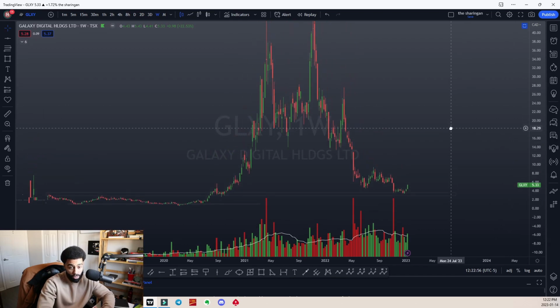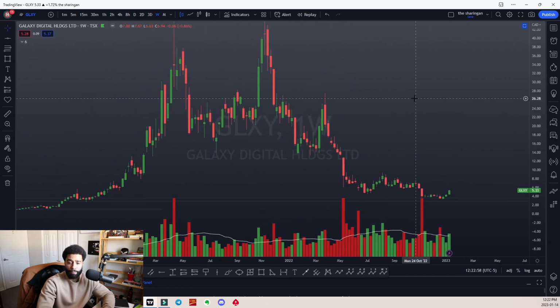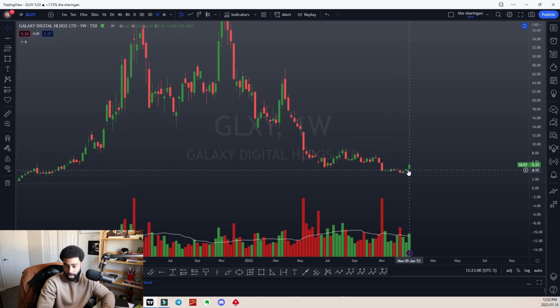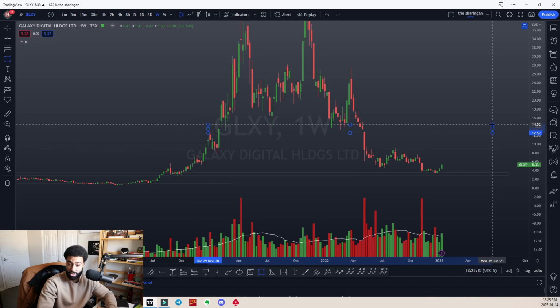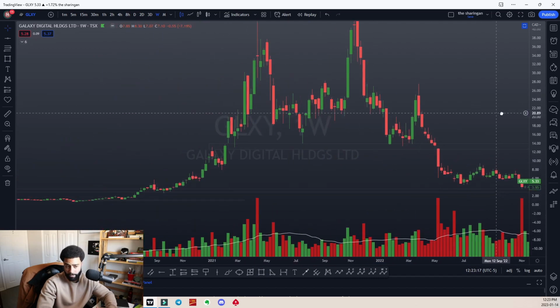So you could use this to your advantage. Right now, as you can see, the price has been increasing from that level. It's gone up 40% just from this demand zone. So what's an area we can look at where we could potentially go to? Well, this zone here is very similar.